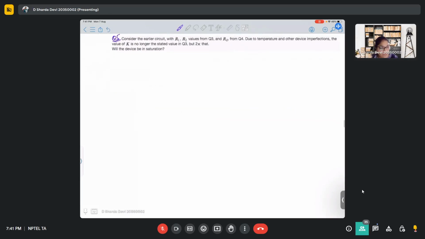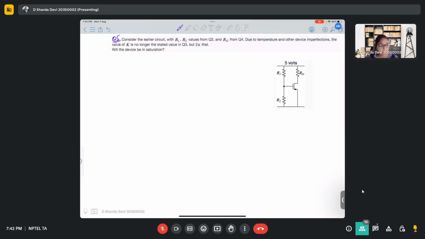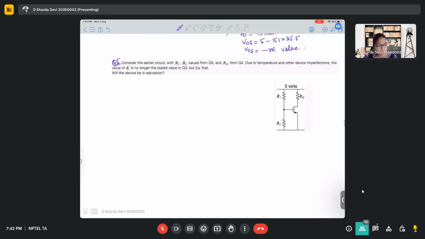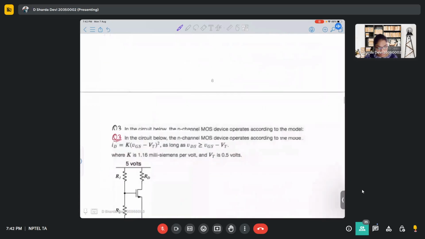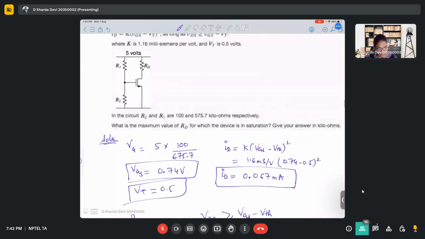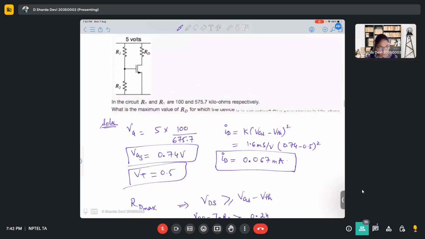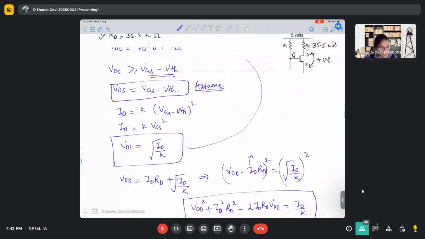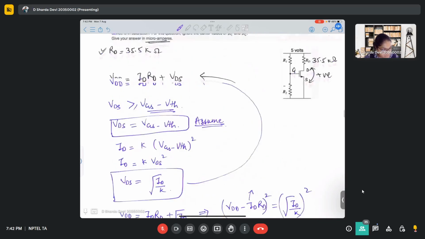Okay, so moving on, based on the same question, the same circuit, we have to repeat the values of R1 and R2. R1 and R2 are 575.7K and 100K, and this was 35.5K.